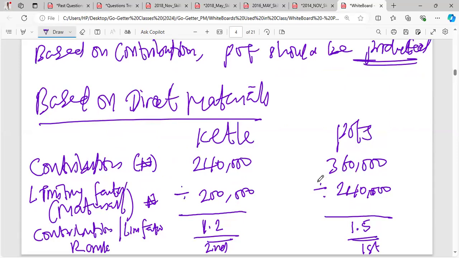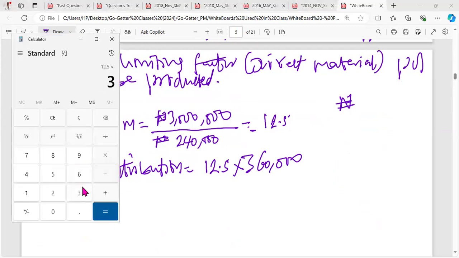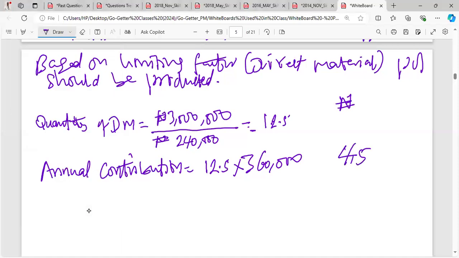The initial contribution we have, which is 360, we are going to use 12.5 to multiply it, multiplied by 360. That gives us 4.5 million. So we have our 4.5 million.